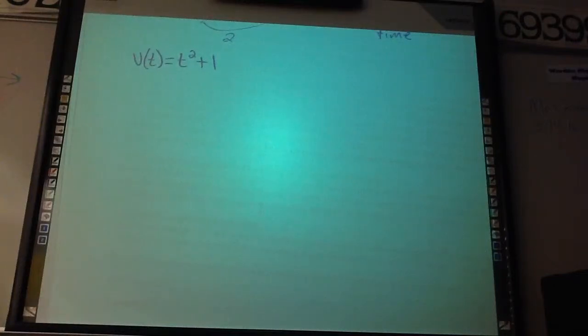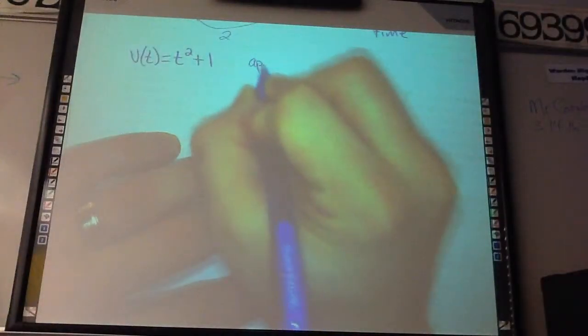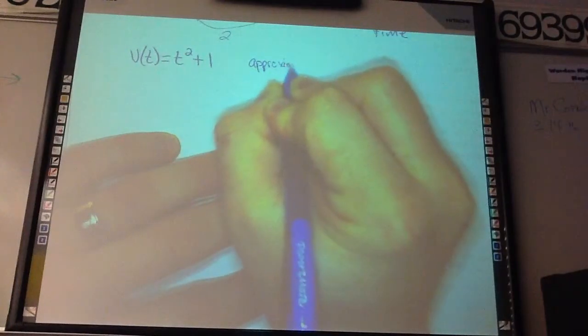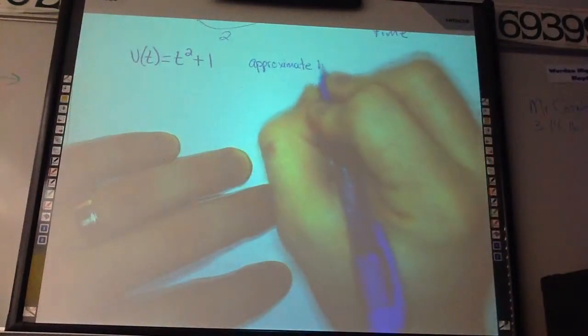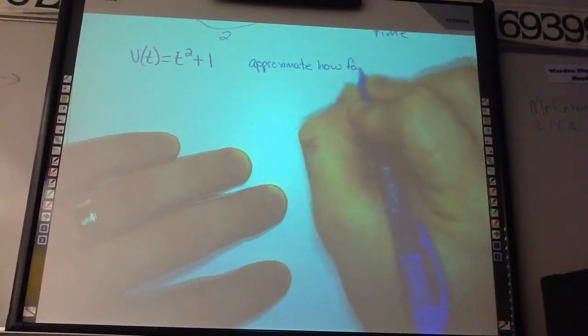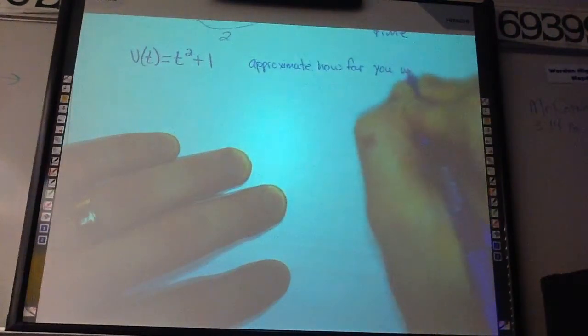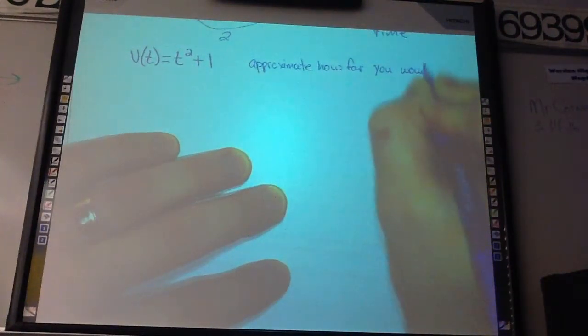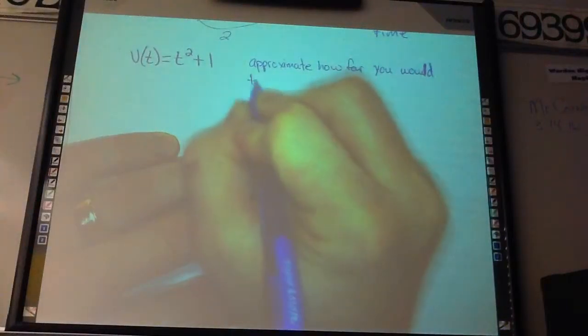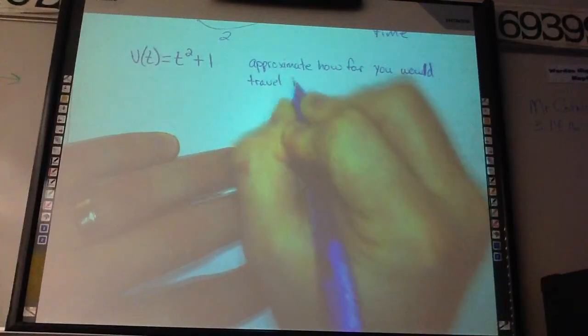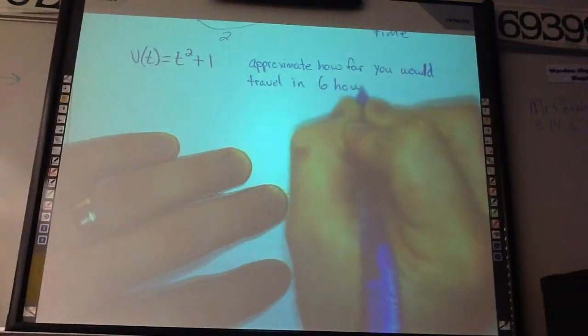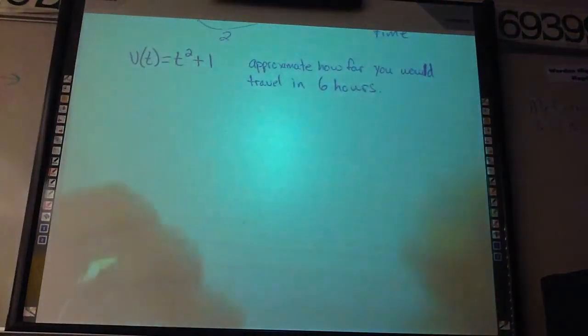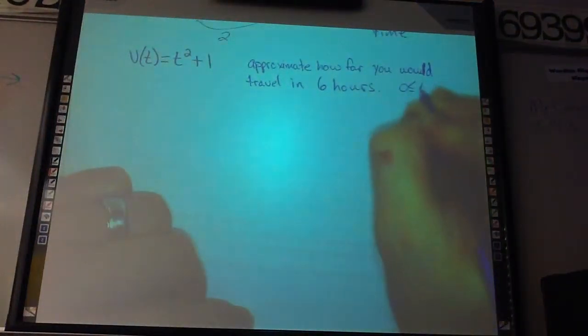It's not a constant; your velocity is changing over time. We're going to approximate how far you would travel in 6 hours. So we'll say t is 0 to 6.